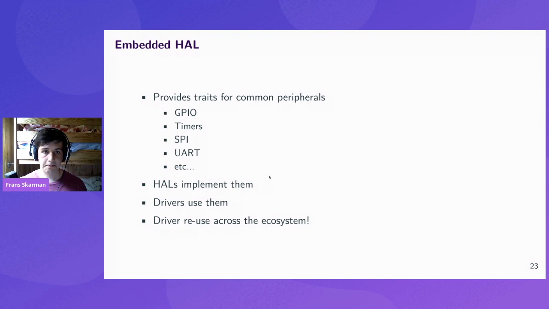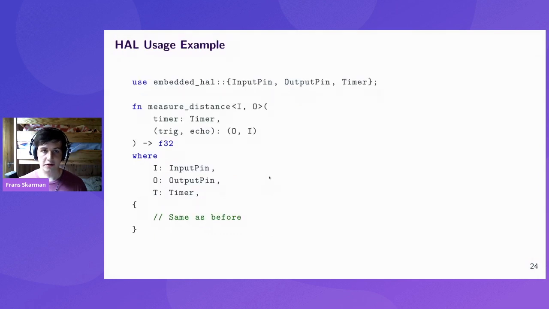To convert our ultrasonic distance sensor driver to use Embedded HAL traits is quite simple. We imported traits from Embedded HAL called InputPin, OutputPin, and Timer, because those are the three we used. Then we just make the function generic over the input pin, the output pin, and the timer.